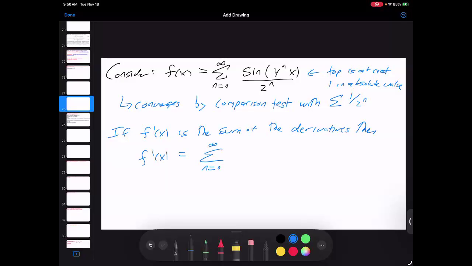So what's the derivative of sine of the quantity 4 to the n times x? What rule do we use to take the derivative of sine of 4 to the n x?